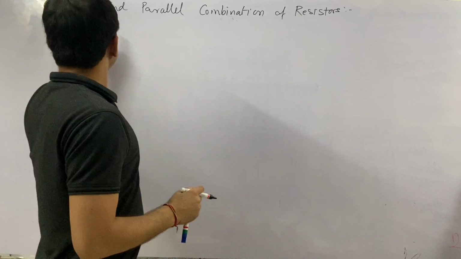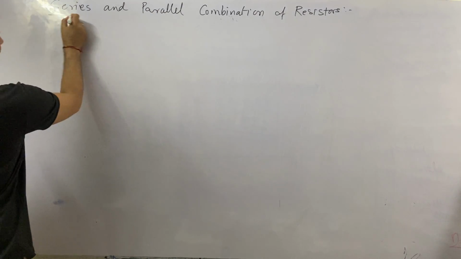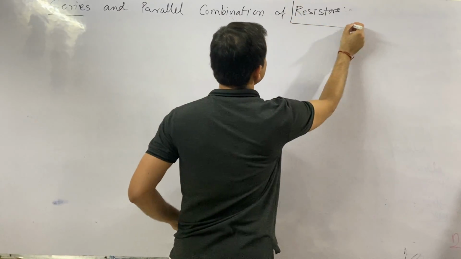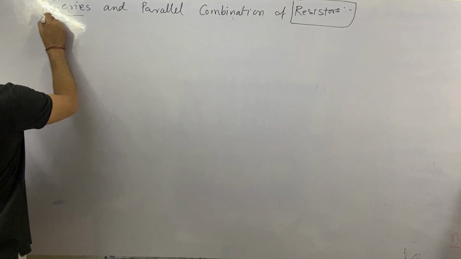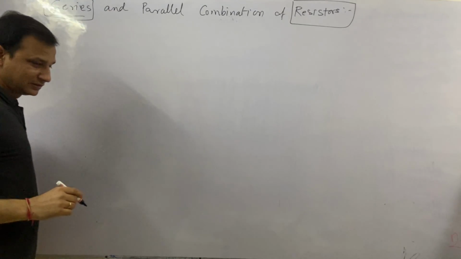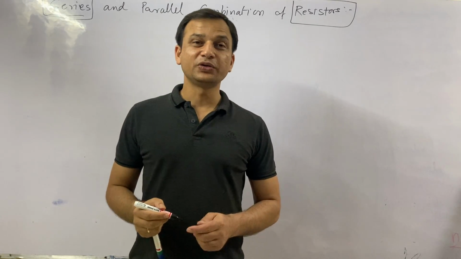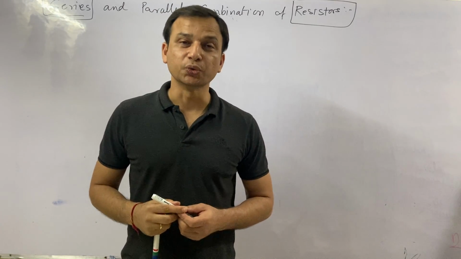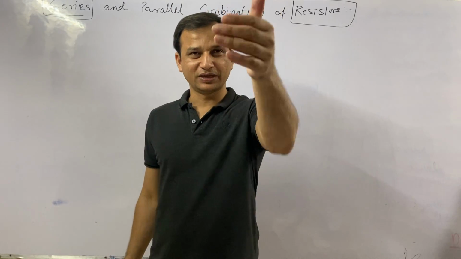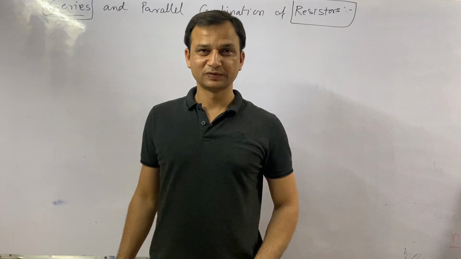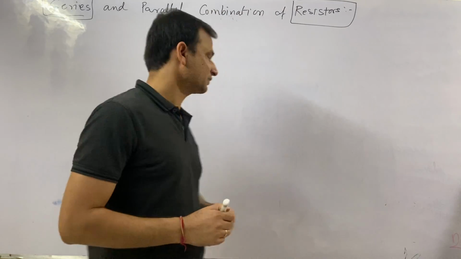But right now we are focusing on the series and parallel combination of resistors. When we talk about the series combination, you can understand it like when you stand in a queue. Students are standing one after another. That is a series combination.